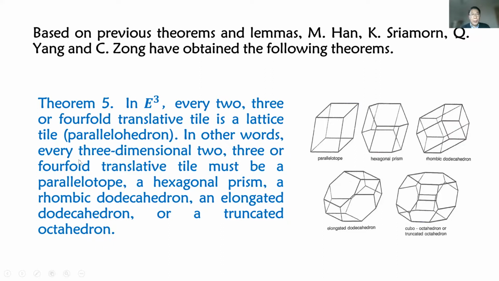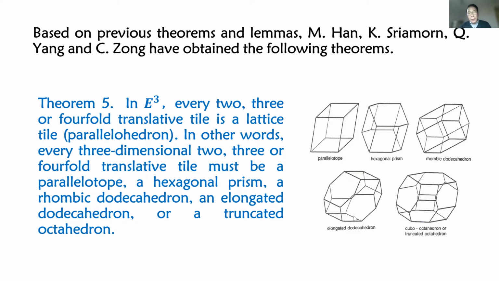In other words, every three-dimensional 2, 3, or 4-fold translative tile must be a parallelotope: a hexagonal prism, a rhombic dodecahedron, an elongated dodecahedron, or a truncated octahedron. These were, in fact, the 5 polyhedra discovered by Fedorov more than 100 years ago.